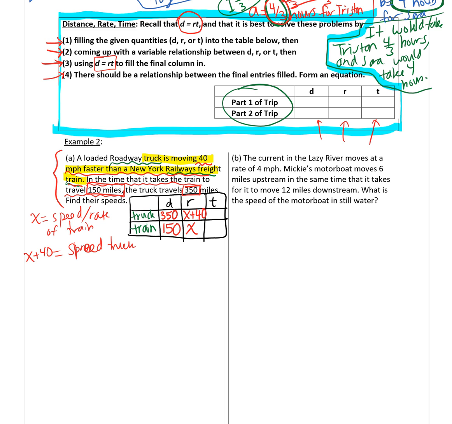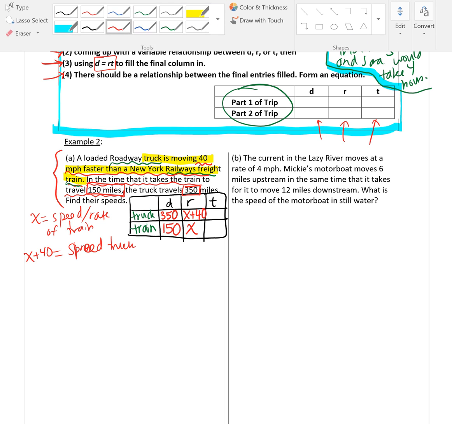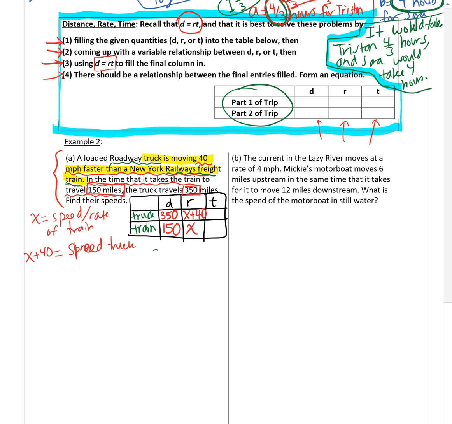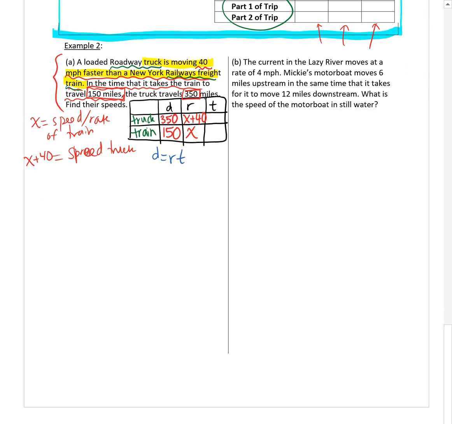Now step 3, it says, using the formula distance equals rate times time, you're going to fill in the final column. So I'm going to have to write that down real quick. For us, this is kind of a new thing, because T is what's left over, I need to find T. That means I'm going to solve this equation for T, get T by itself.